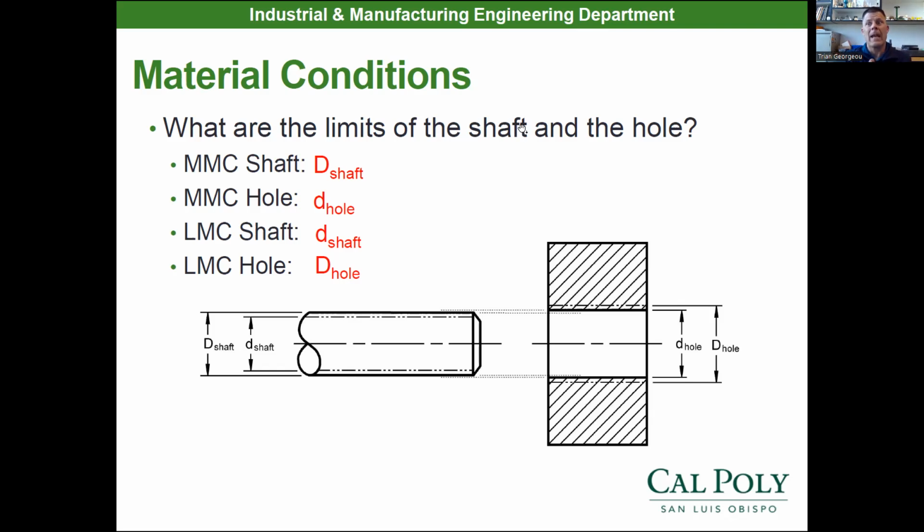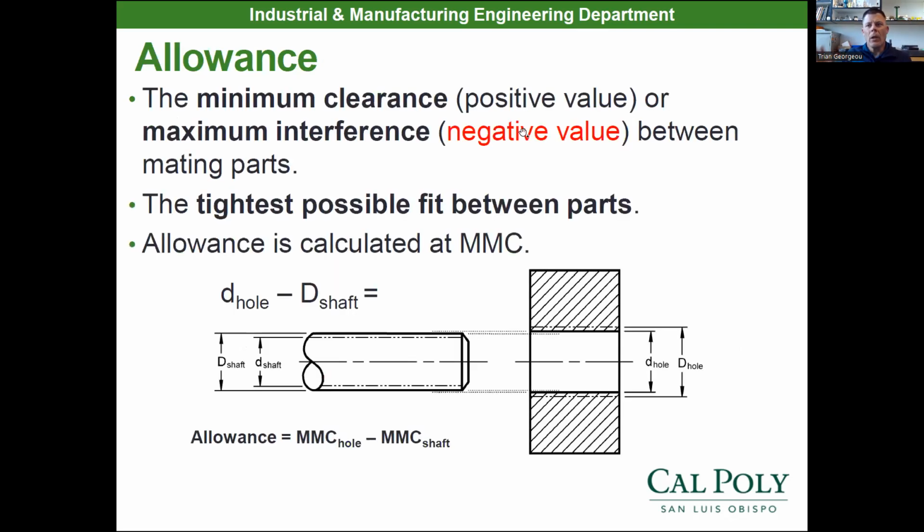Now, when we have parts fitting together, one's always an external feature and one's always an internal feature, when you're just thinking about features. When they fit together, they can fit together three different ways, if you remember. They can be a clearance fit, an interference fit or press fit, or a transition fit, either way.